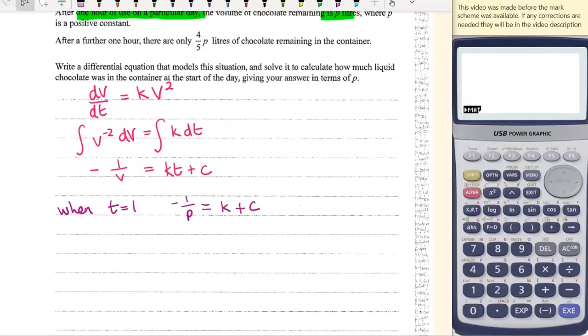Now the second bit of information, after another hour, the volume is equal to 4/5 of p. So when t is 2, we have minus 1 over 4/5 of p is equal to 2k plus c.